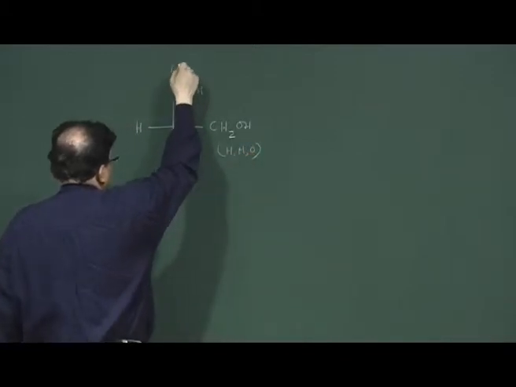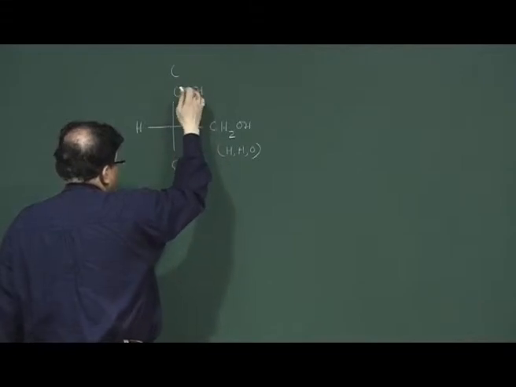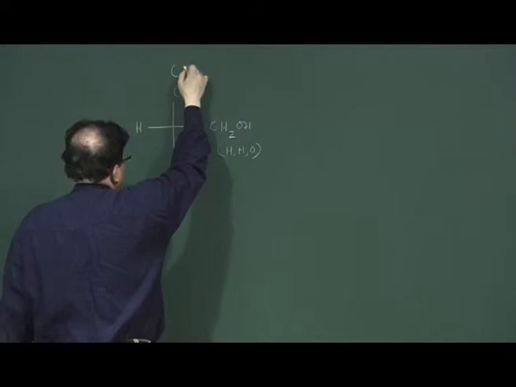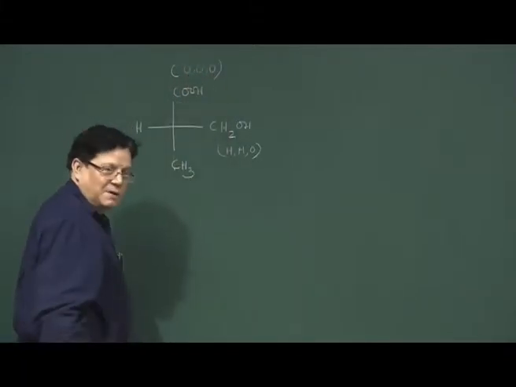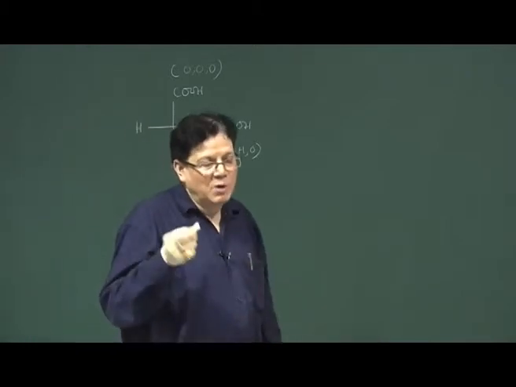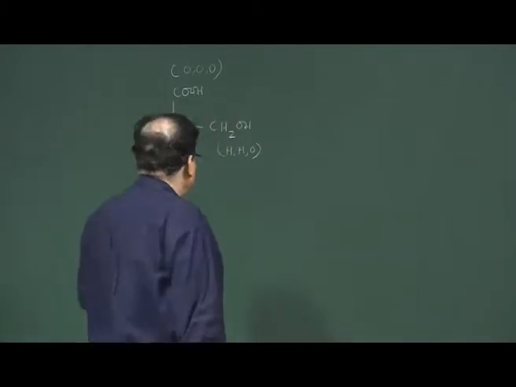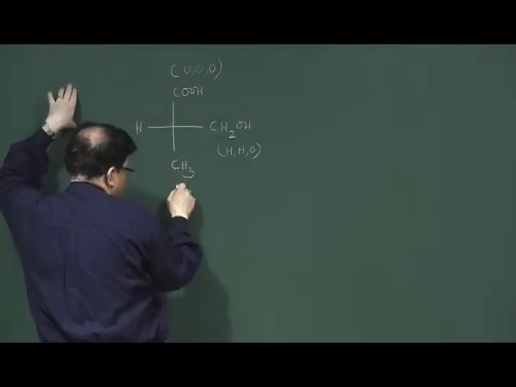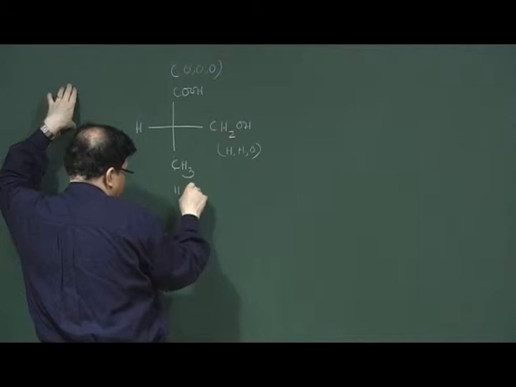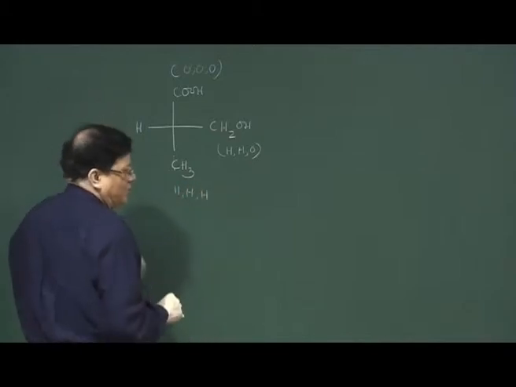This carbon, remember, this is C double bond O and OH. So, this carbon has 3 oxygens basically, because C double bond O means you have to add one more oxygen to the carbon. So, 3 oxygens. And this is methyl, only 3 hydrogens, and this is only hydrogen.